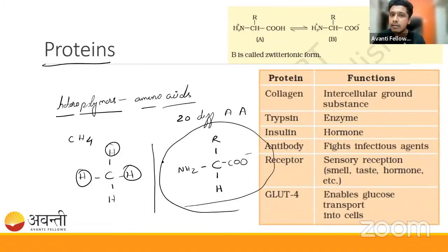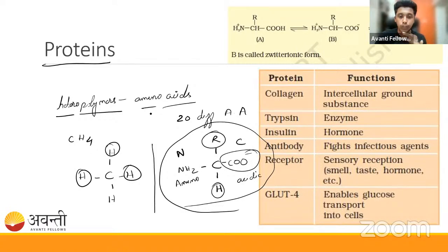So what do we have in an amino acid? We have an N-terminal or amino group, and then we have a carboxyl group, which is an acidic group, also called the C-terminal or carboxylic group. Then we have a functional group and a hydrogen atom.